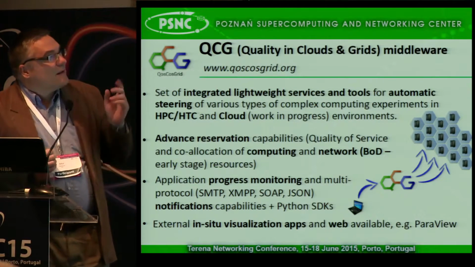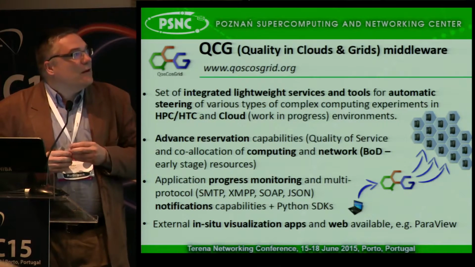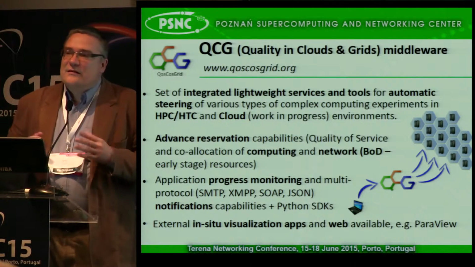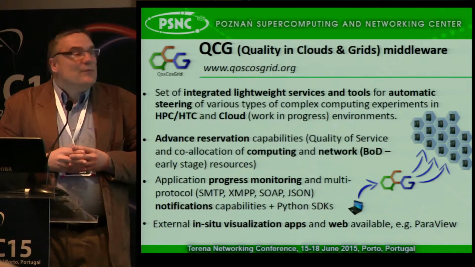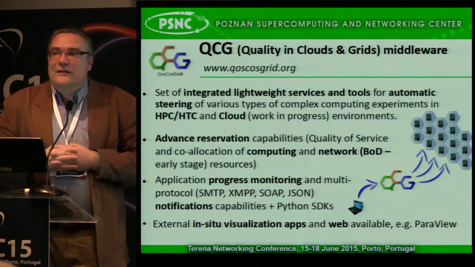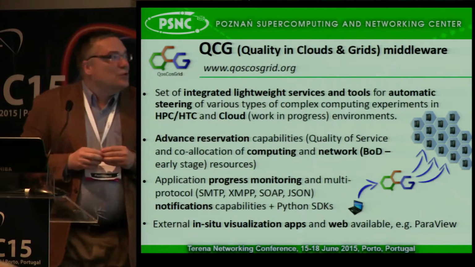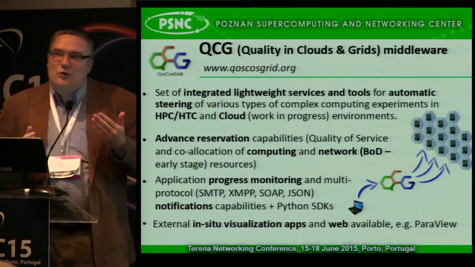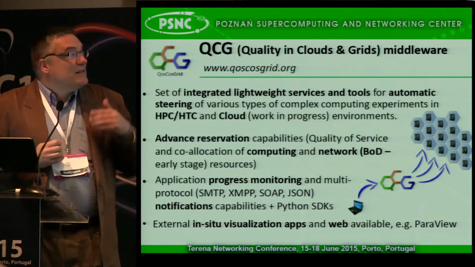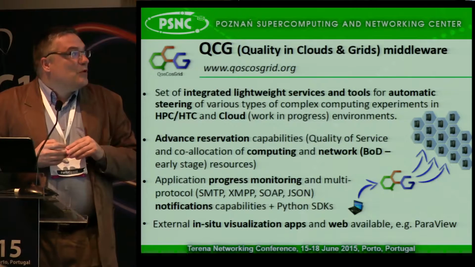It implemented a middleware named Quality in Clouds and Grids, QCG, and this middleware allows you to achieve these 4 important features. The first is a set of tools for the automatic control of different types of computation experiments in the HPC or the clouds. Clouds is still a work in progress.